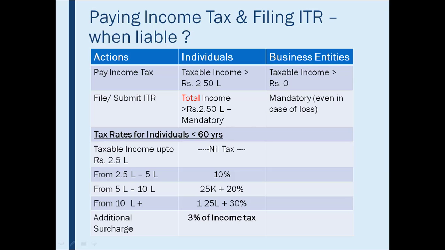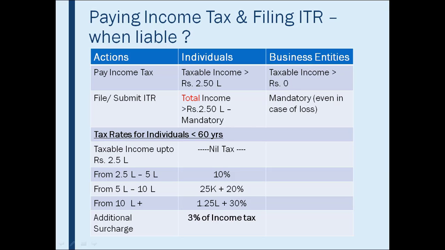What was my total income? 3 lakhs minus my investment 1 lakh, which leaves 2 lakhs. That is less than 2.5 lakhs, so I need not pay any income tax. But I definitely need to file the income tax return in such a case, because my total income is greater than 2.5 lakhs, which is 3 lakhs in my example. This is a very important area we need to understand.